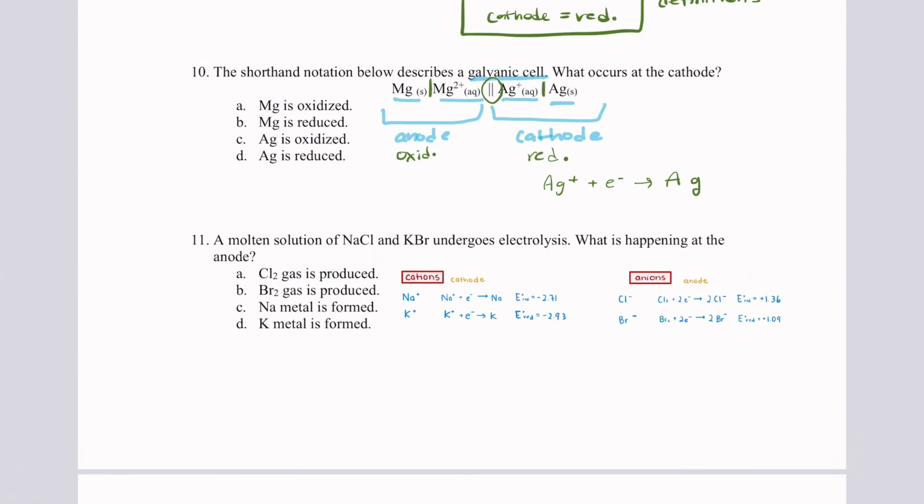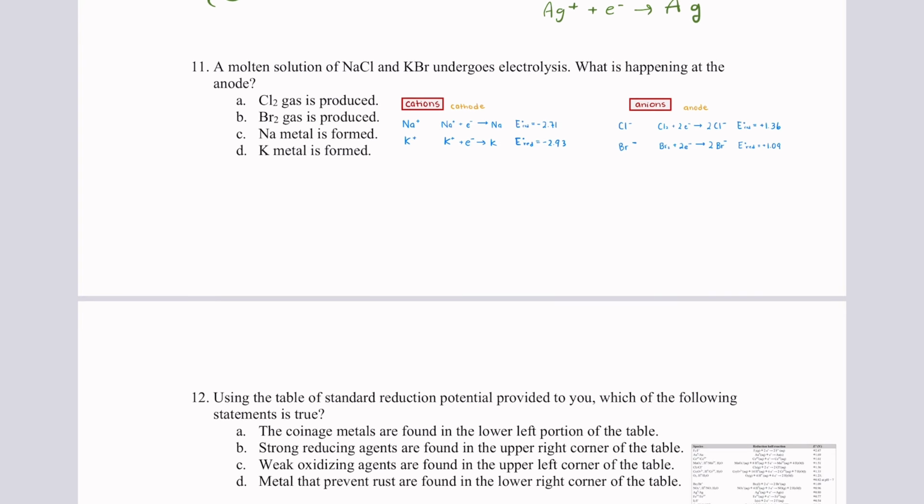Therefore, at the cathode, silver is reduced. And the correct answer is going to be D. Silver is reduced.